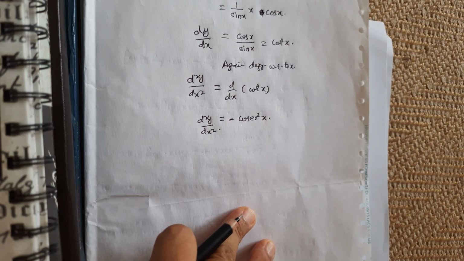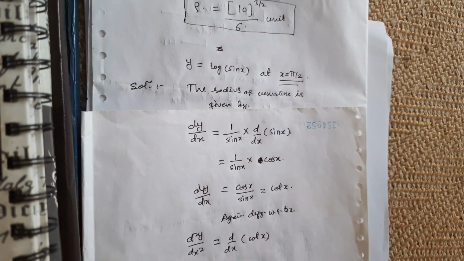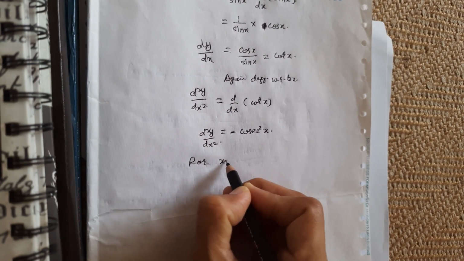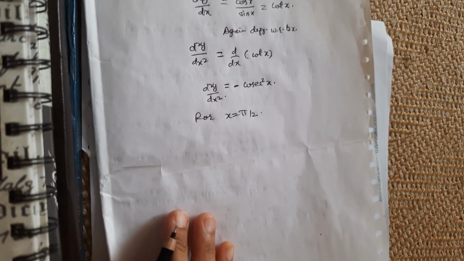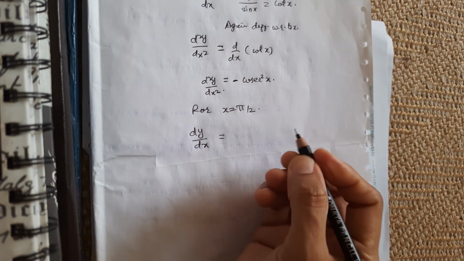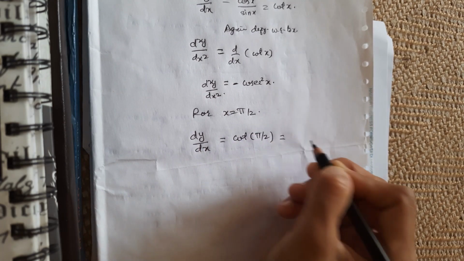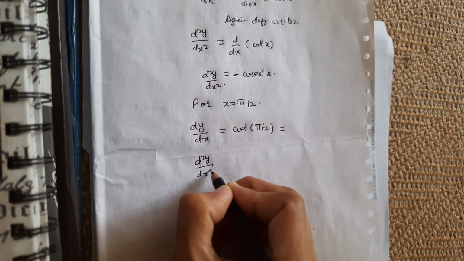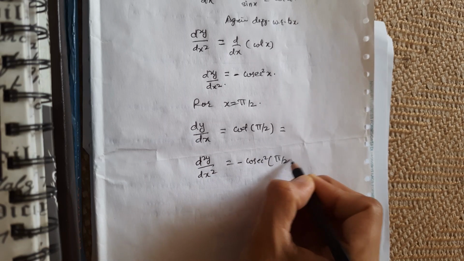Now for the given example, the value I need to find is at x equals pi by 2. So I'll substitute this value here. For x equals pi by 2, dy by dx will be cot pi by 2, and d2y by dx square will be minus cosec square pi by 2.